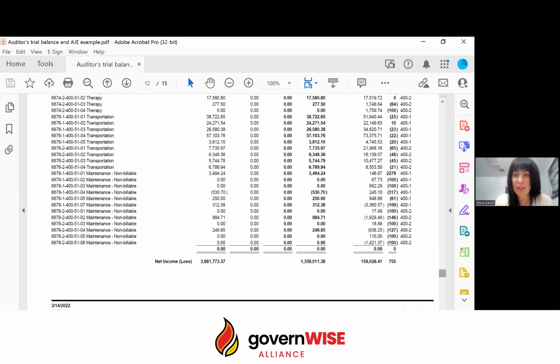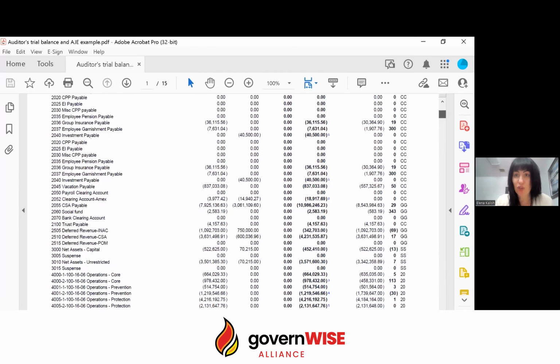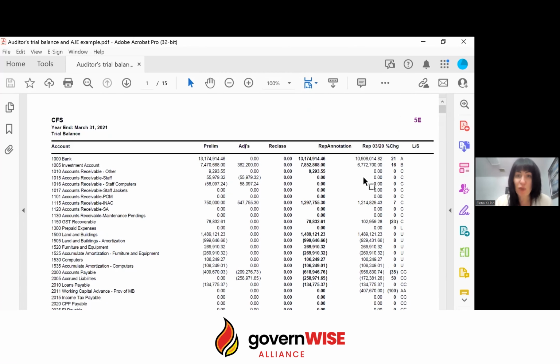Another thing that's a little different about the auditor's trial balance: for those of you that use a trial balance in your accounting system, you know that most of them have two columns. One column is for the debit balances, which are positive balances, and the second column is for credit balances. So it would look a little different, right?